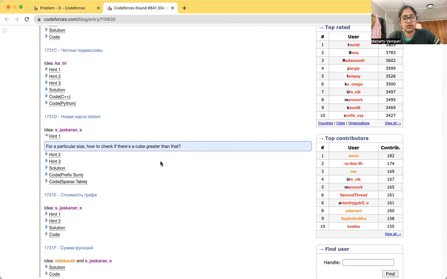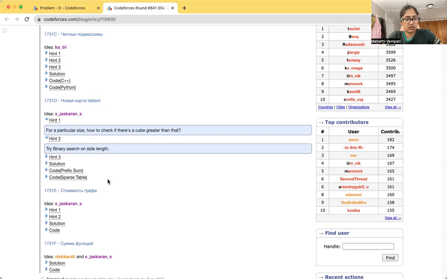For a particular size, how to check if there's a cube greater than that? You just check that every element's greater than that. It's a binary search on side length.